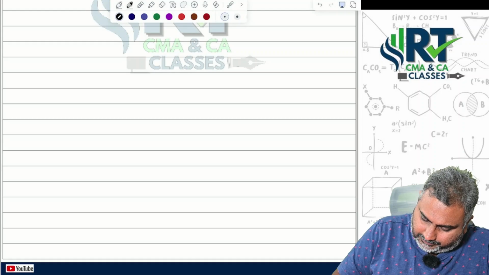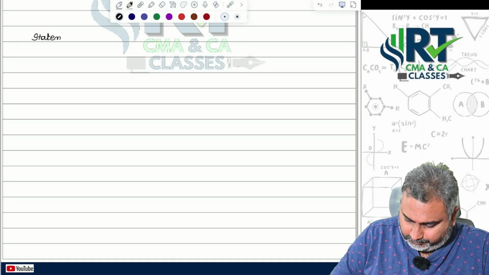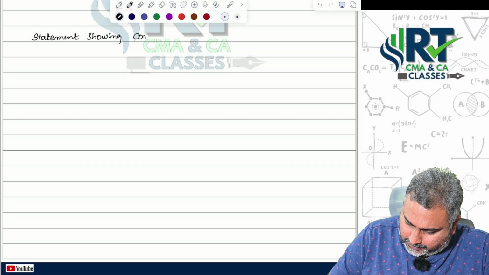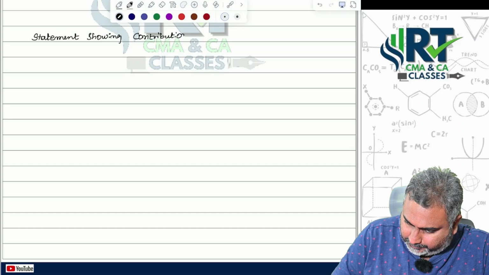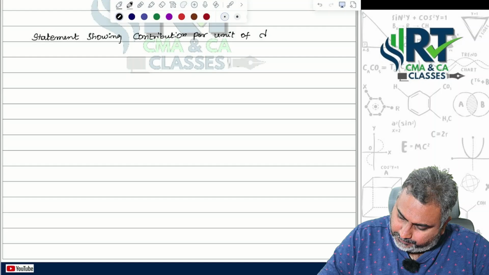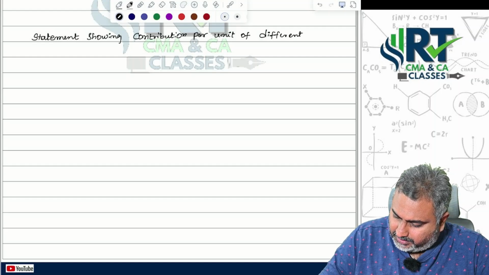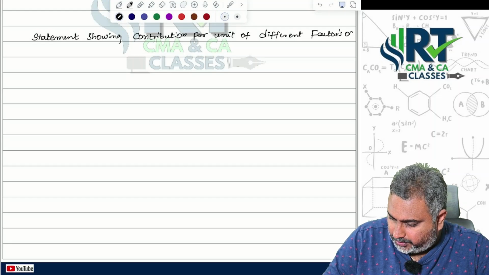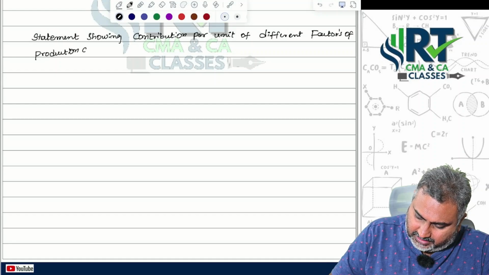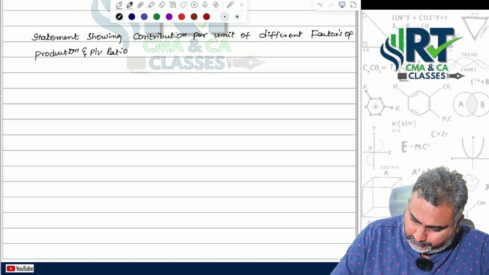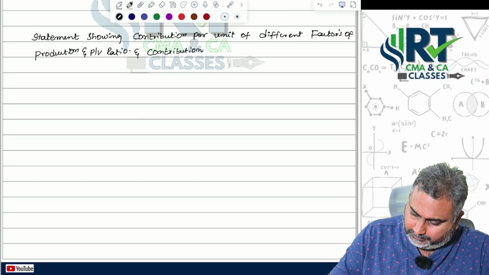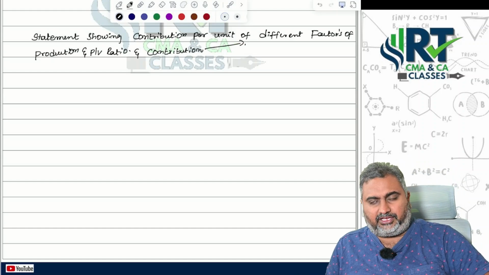See, sir, statement showing contribution per unit of different factors of production and profit volume ratio and contribution based on different factor, that is nothing but key factor basis.